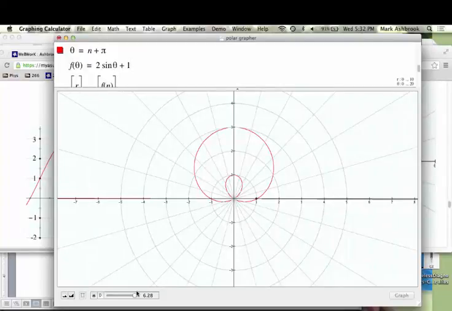Okay, so we want to find the area of the loop. What's the area inside the loop? How are we going to do it? I want to find the area of that little thing right there.